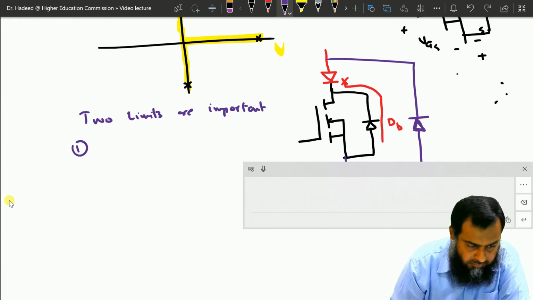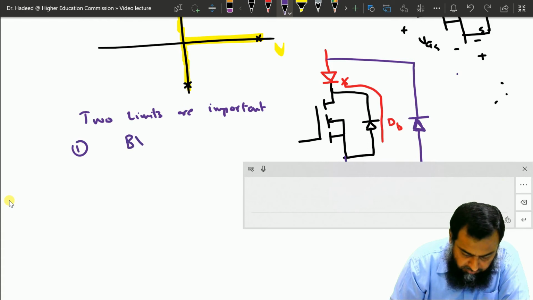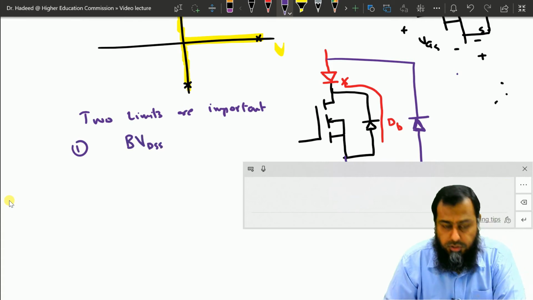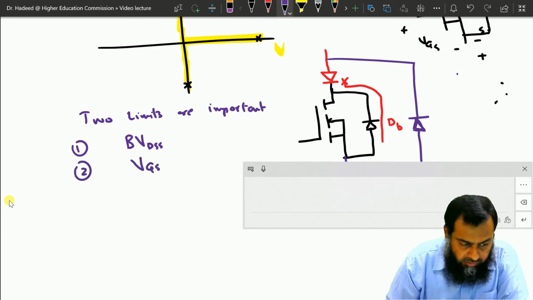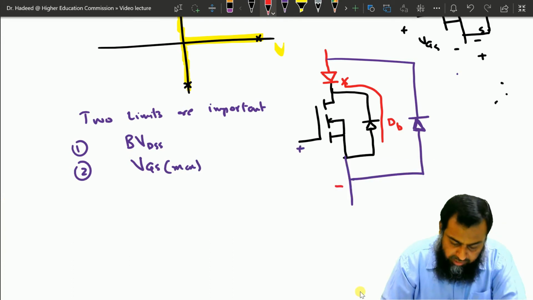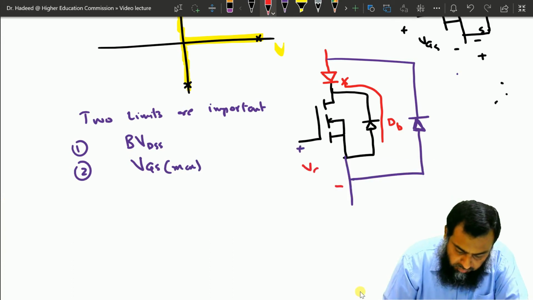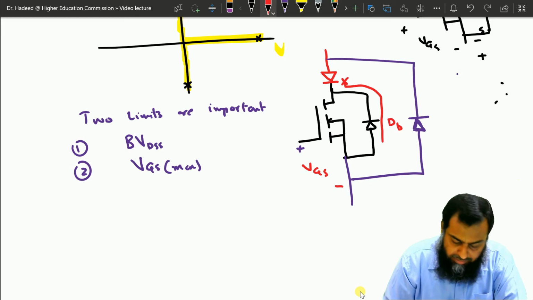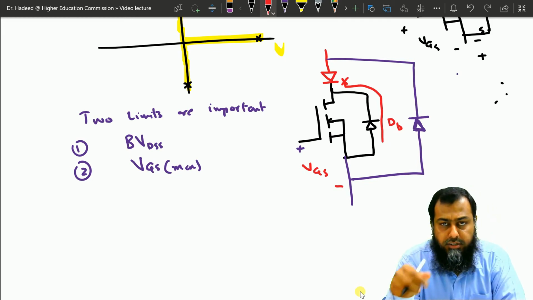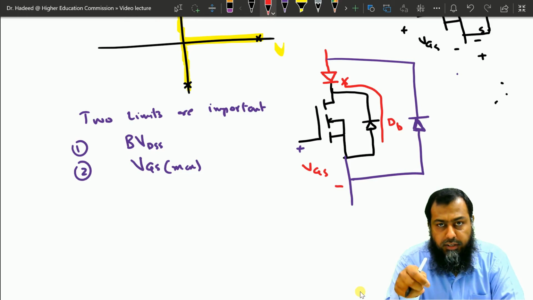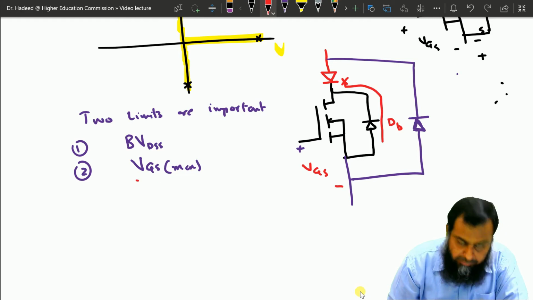Number one is the breakdown voltage from drain to source, and the second one is the VGS maximum, which is the maximum voltage that can be applied from the gate to the source. How can we actually create a system where we ensure that this device does not exceed this particular limit?